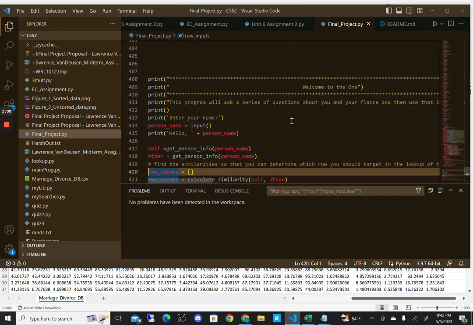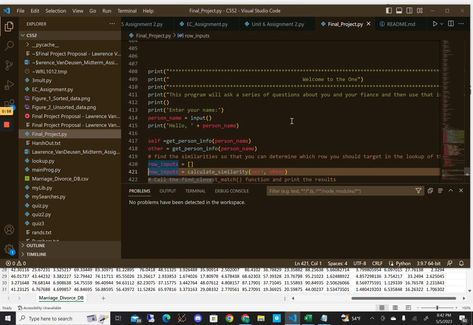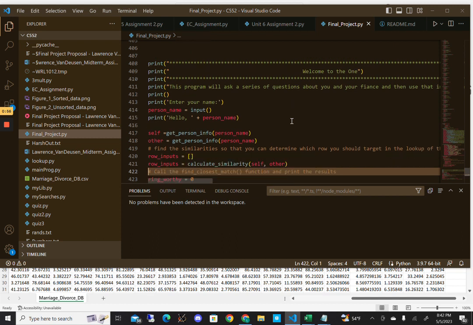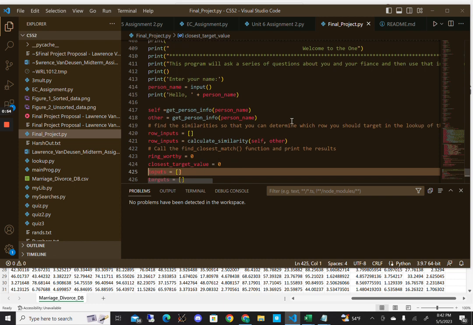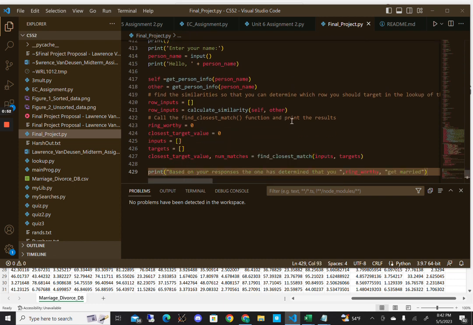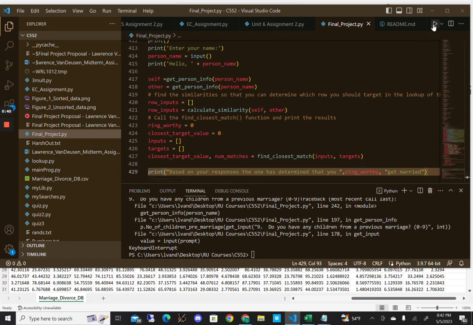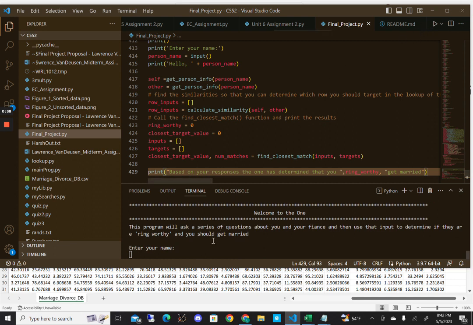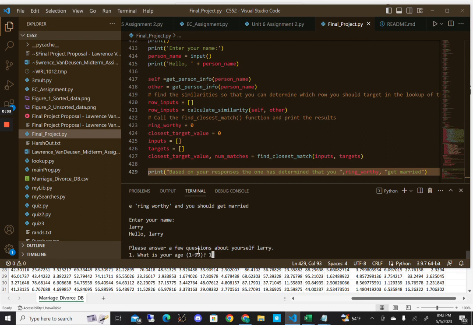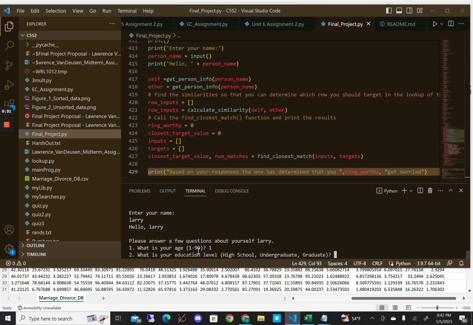And the program is driven by the main kickoff that then calls the classes, asks for different various versions, creates the inputs in the rows, calculates the ringworthiness, and then ultimately prints out a yes, you are ringworthy, or no, you should not get married. Like I said, this is how the program would run: ask for your name, and then start asking questions.